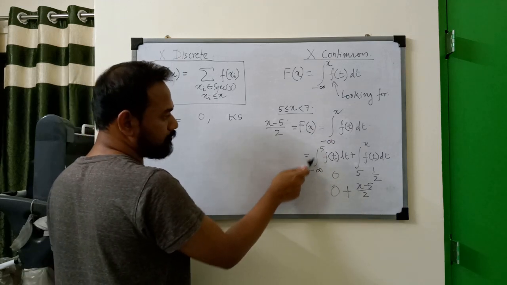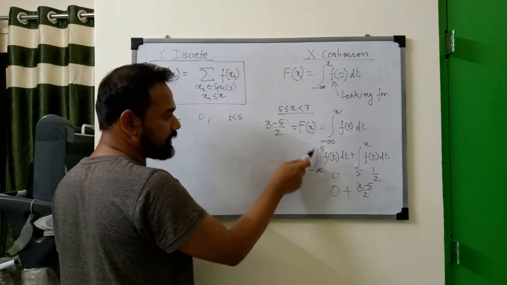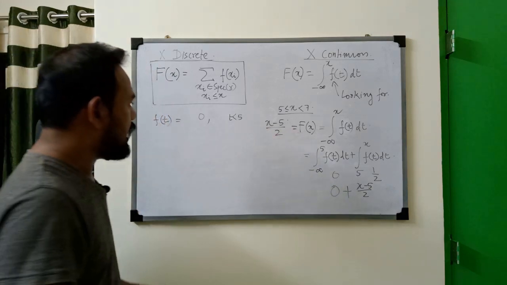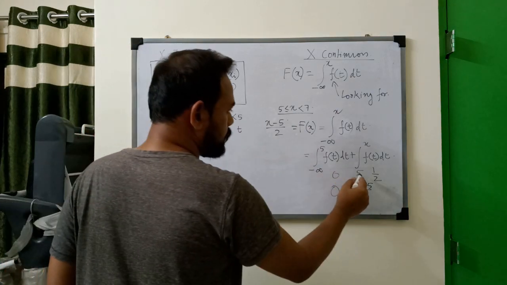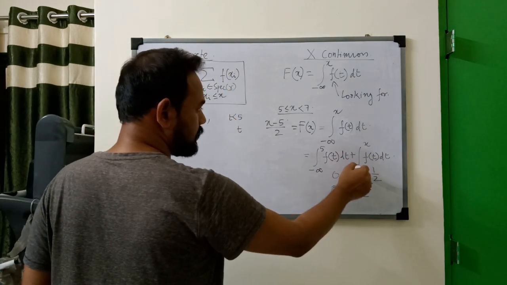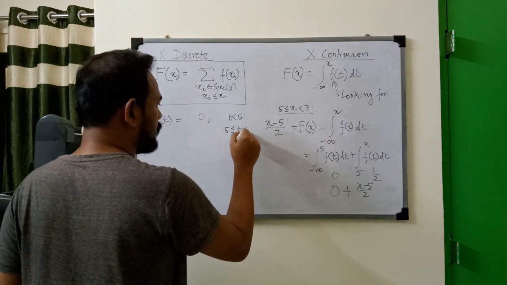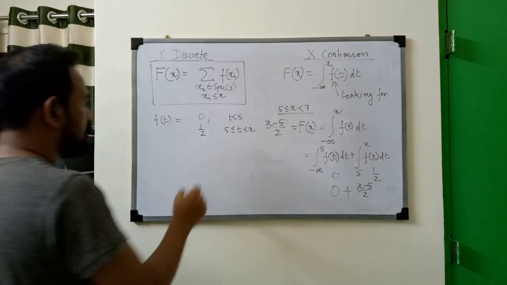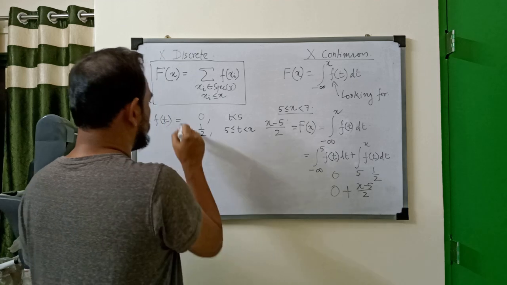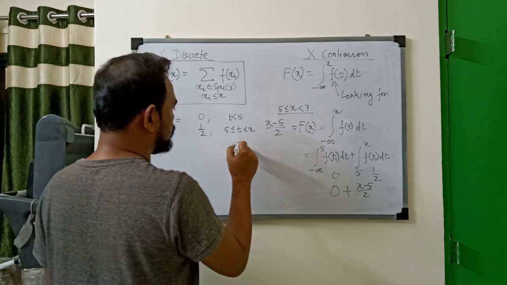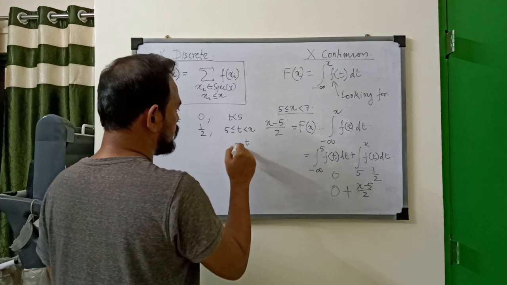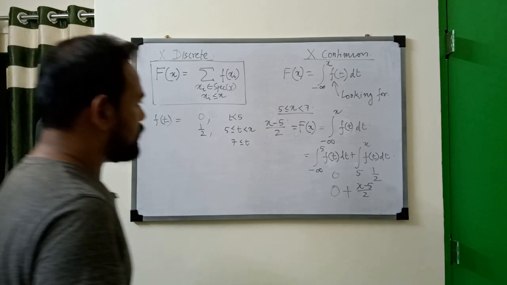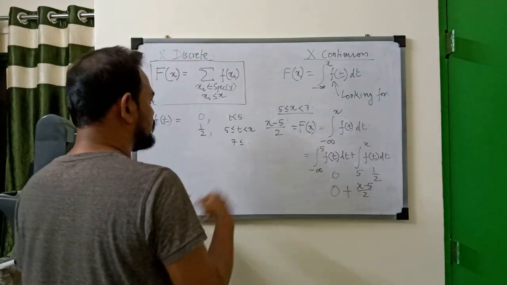When t is less than 5, in the range from minus infinity to 5, f was 0. That worked to give me this function. And when t was between 5 and x, the function was half. And what would happen if x is more than 7?